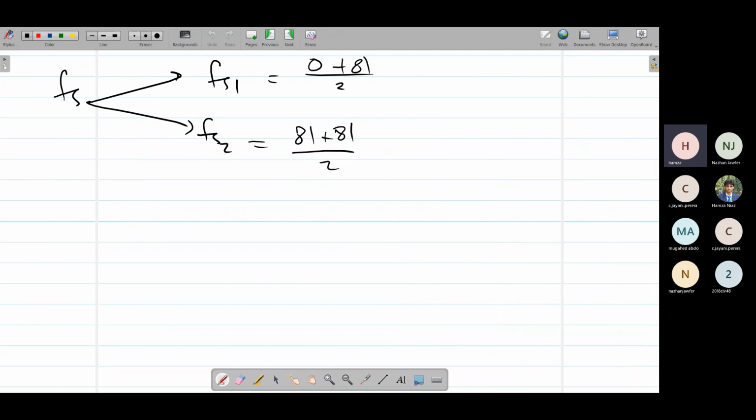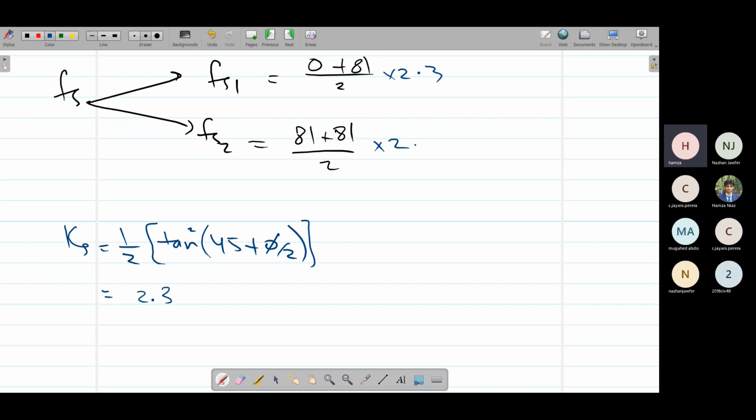The second thing is Ks. We can assume Ks as half of tan square (45 plus phi by 2). Otherwise, the value would be given. If the value is not given, we can simply take this formula and find the Ks value. It is something like 2.3.